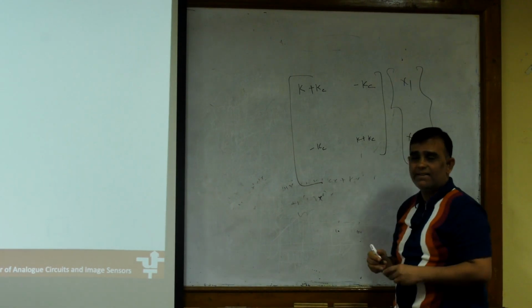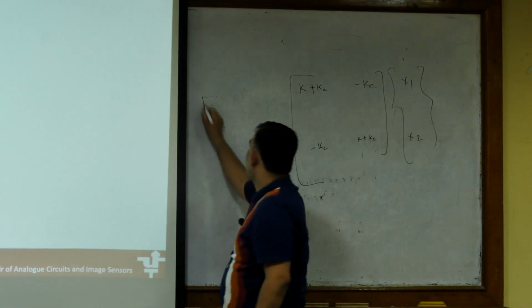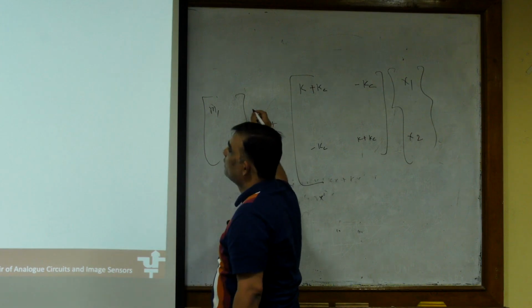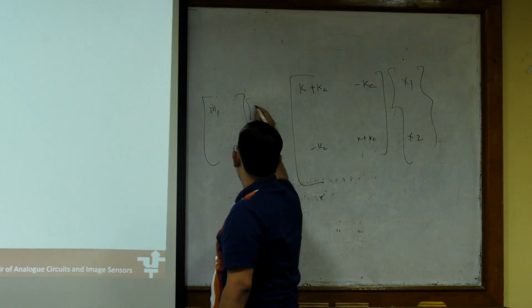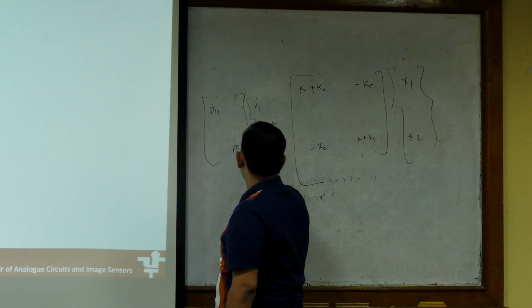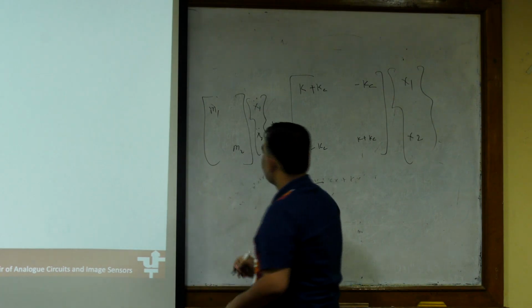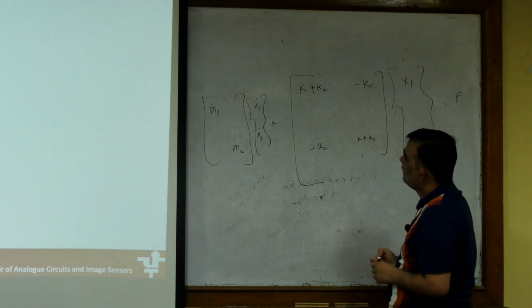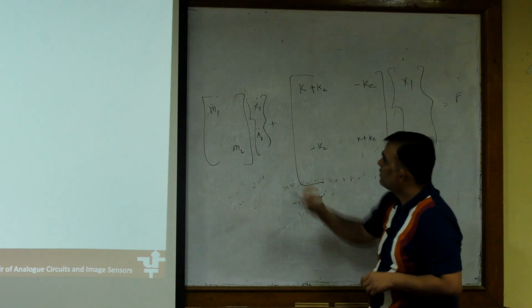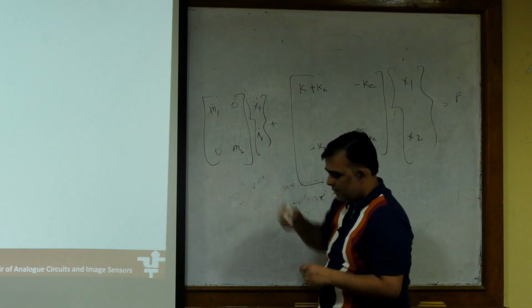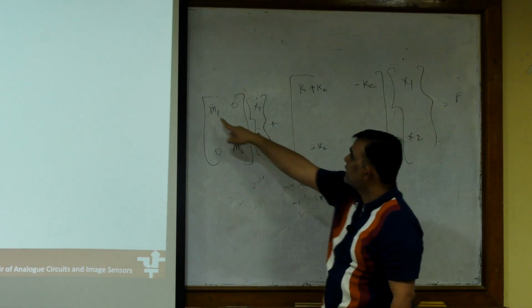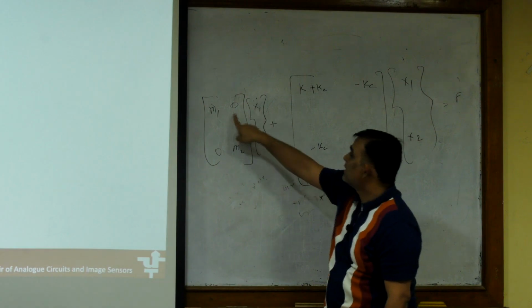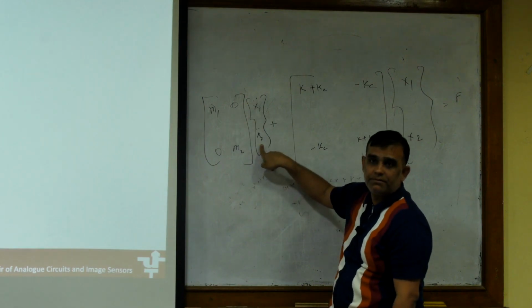If you expand this term, think of expanding this matrix. The first line of this will be m1 times x1 double dot plus 0 times x2 double dot.